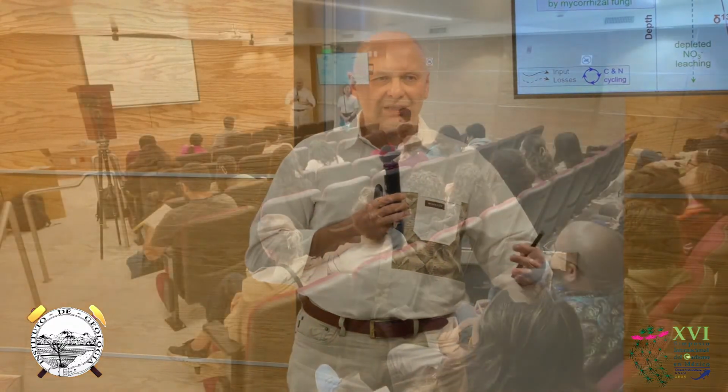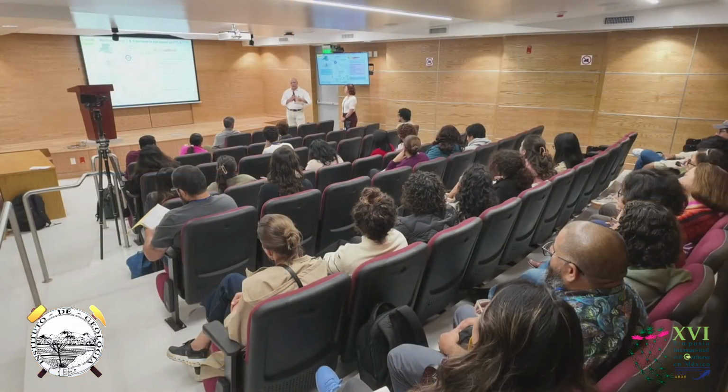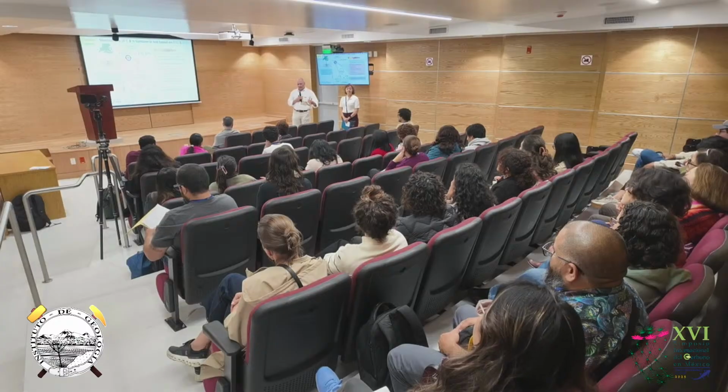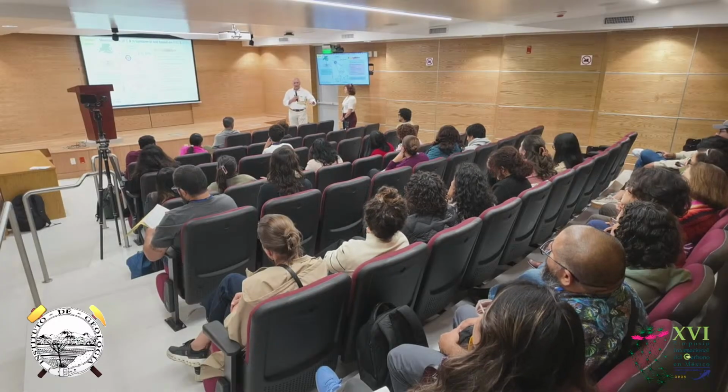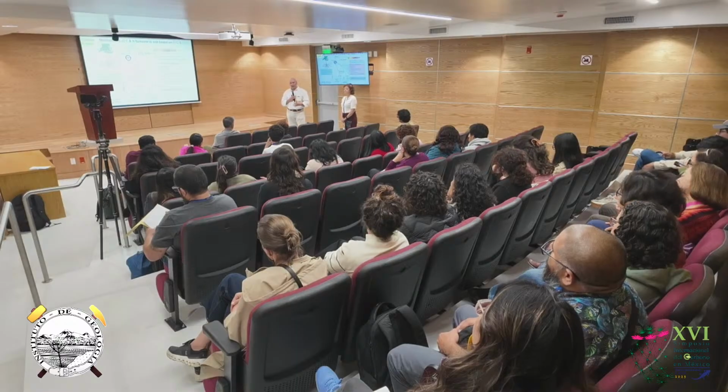It means there are more processes there, which I cannot evaluate here now in the short talk, but we can think about this. So from one point of view, the discrimination will be stronger. From the other point of view, some compounds will be decomposed and disappear. The other compounds like lignin will remain.